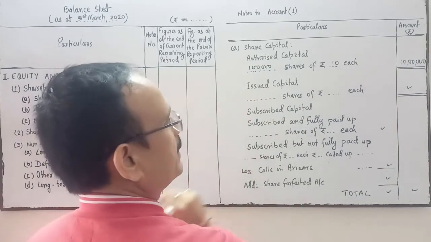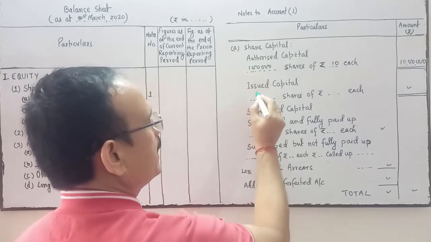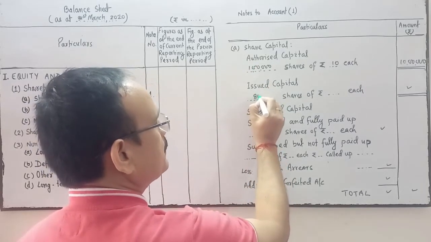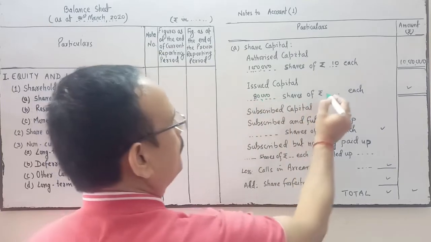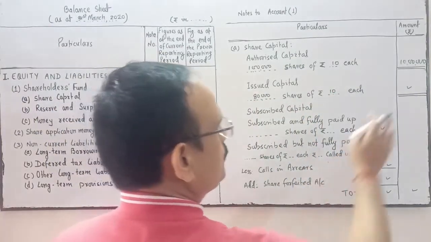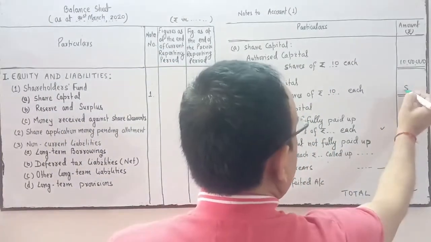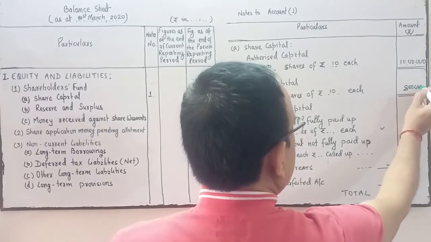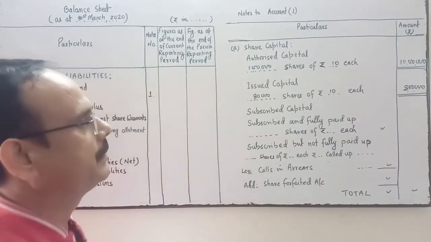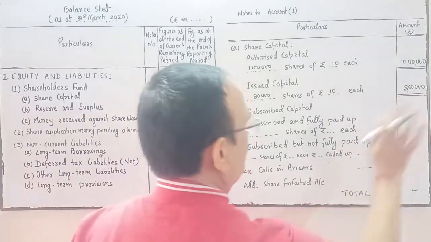Then issued capital: suppose out of 1 lakh, the company has issued 80,000 shares of rupees 10 each, so 8 lakhs is the issued capital. This is also a closed block.